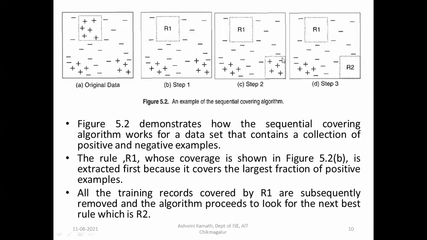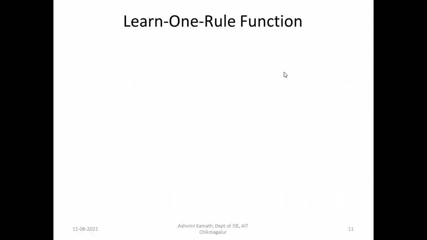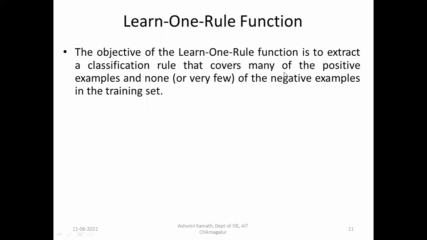You can notice here. So the objective of this function is to extract the classification rule that covers all the positive examples in the given divided area, and very few or none of the negative examples in the training set.